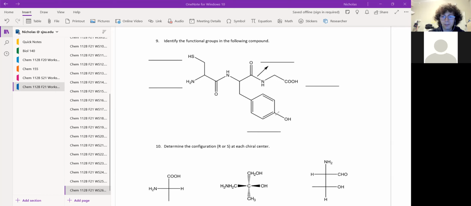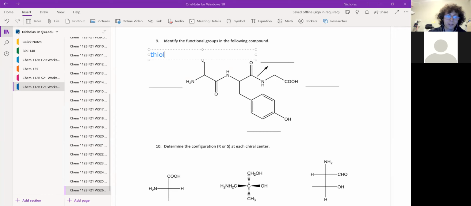Here we have a couple different functional groups, and this isn't a comprehensive list, but this is a good example of a kind of question you could get with functional groups. So we'll start in the top left. What is this functional group? Yep, that's a thiol.